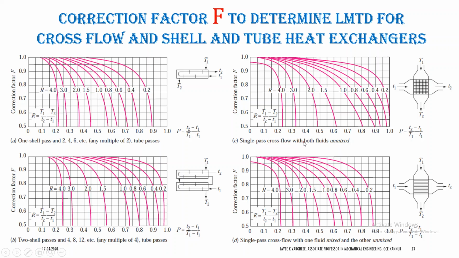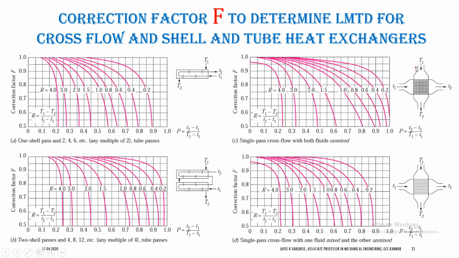Single pass cross flow with both fluids unmixed, as you remember from our first video lecture, and single pass cross flow with one fluid mixed and the other unmixed. The figure also gives this.